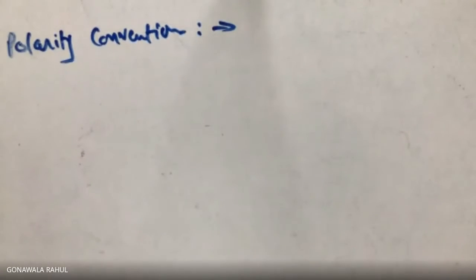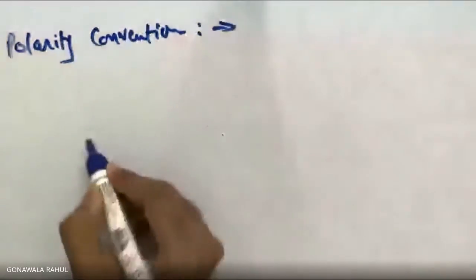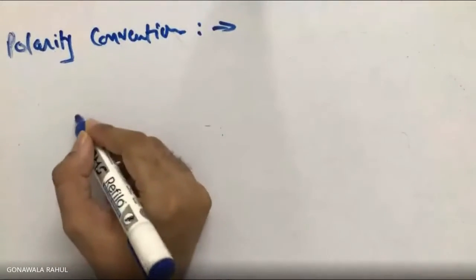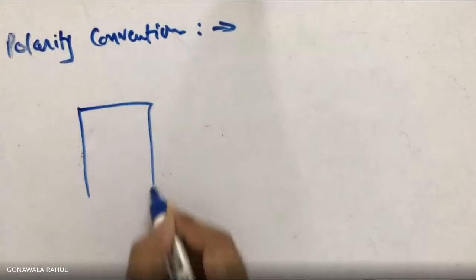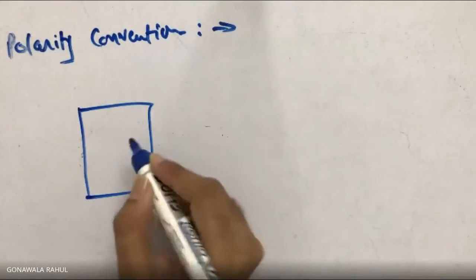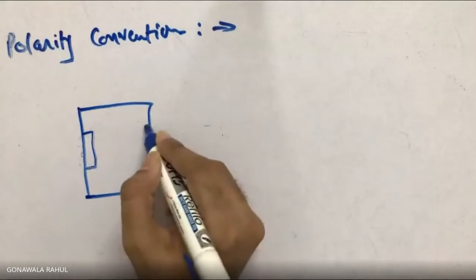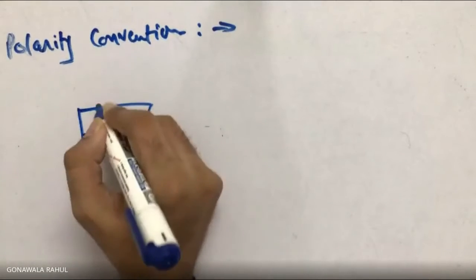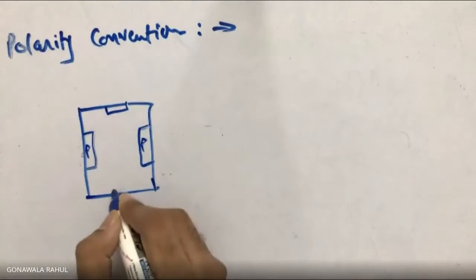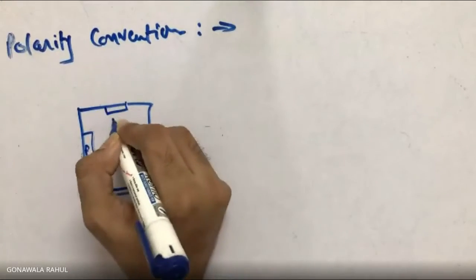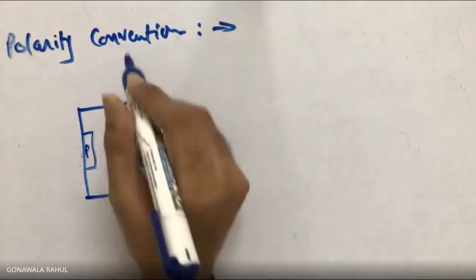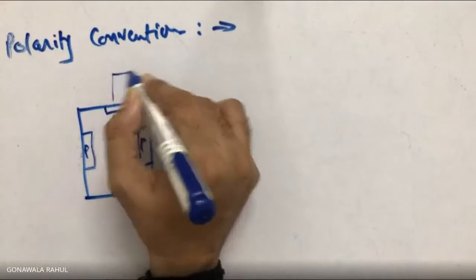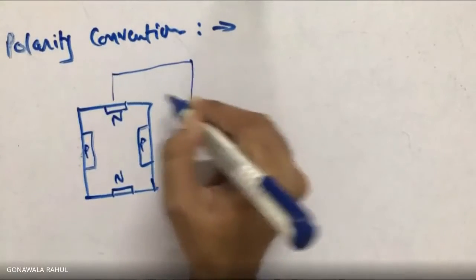For n channel JFET, first of all, this is P, P, and this is the n type channel.